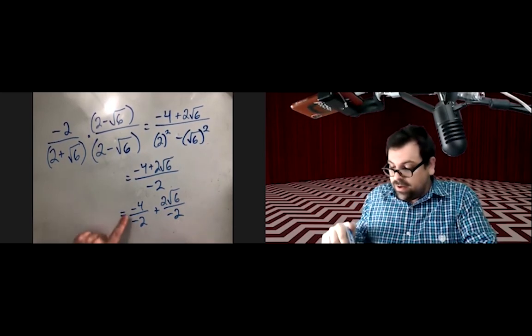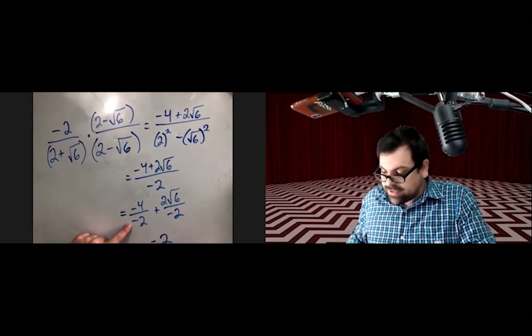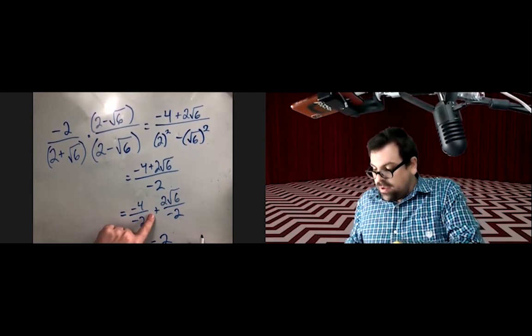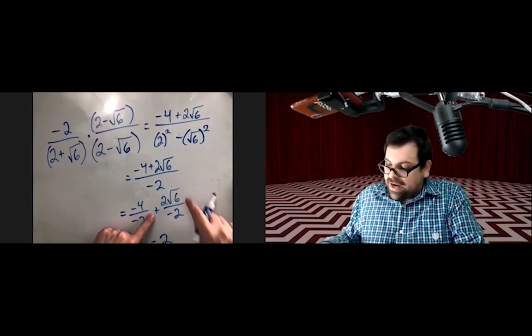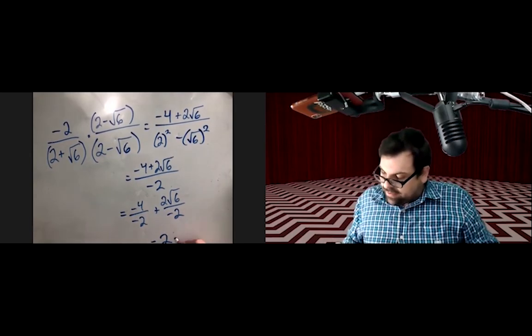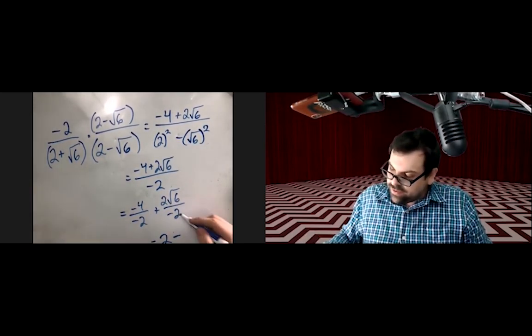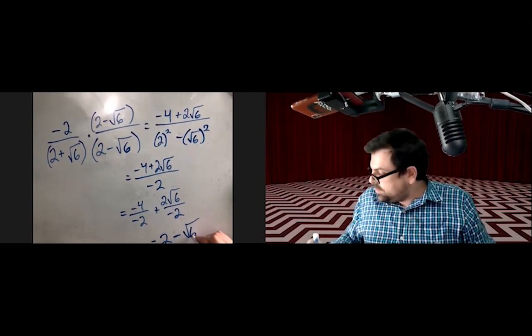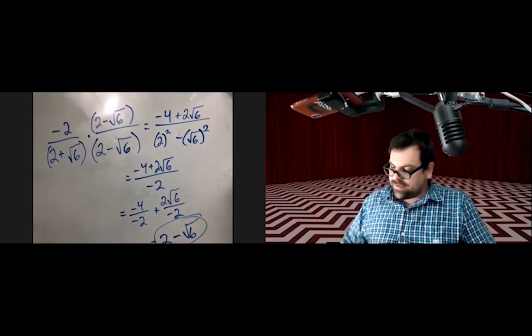And then from here, negative divided by negative is positive, plus positive divided by negative is negative, plus a negative is subtraction. 2's cancel, 2 minus radical 6.